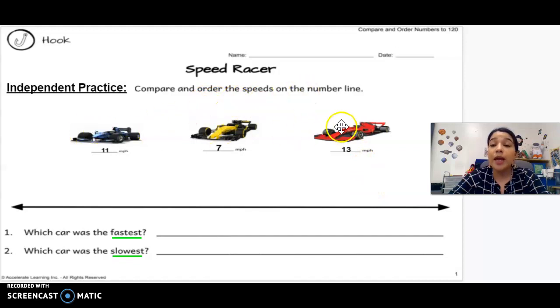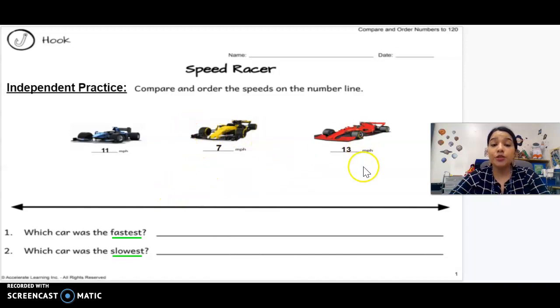So you're going to compare the 3 numbers and you're going to place them in order on the open number line. Remember our 2 facts that we learned. We go from left to right, and the smallest number goes to the left, and then it gets bigger, bigger, bigger, and our biggest number goes to the right.